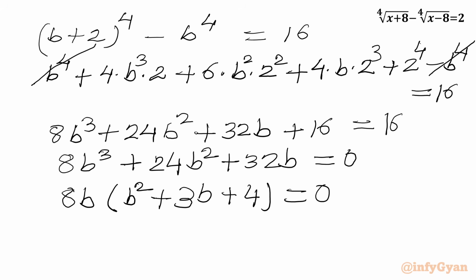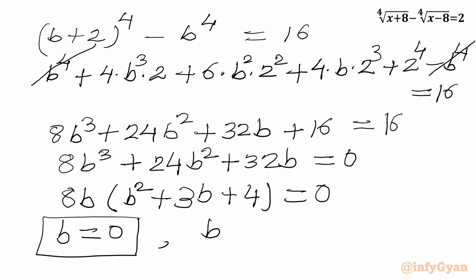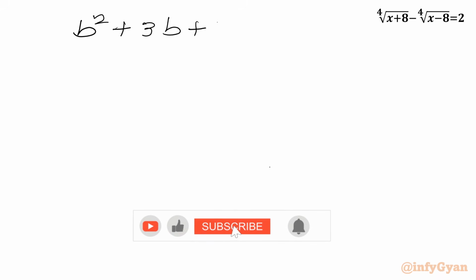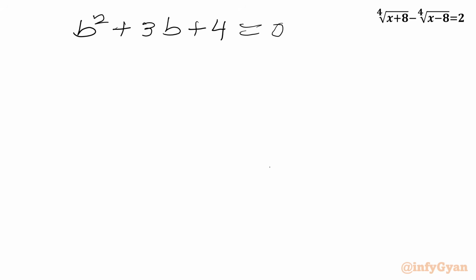Now we will use the zero product rule. So we will write either b equal to 0 or this quadratic expression should be equal to 0: b square plus 3b plus 4 equal to 0. Let us take the quadratic equation first. We will check whether the roots are real or complex. So let us find the discriminant delta.